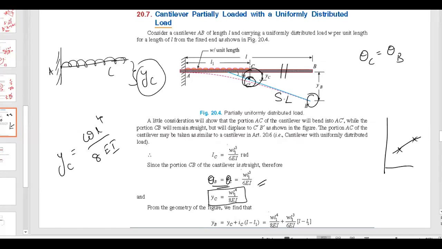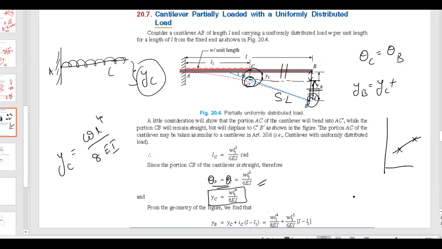And I need to consider the small triangle and a rectangle to find the YB. Therefore, YB is equal to YC plus this remaining distance. I need to find out the remaining distance of the triangle.